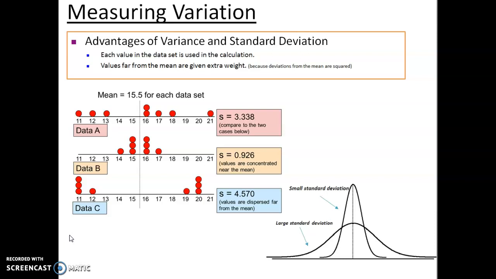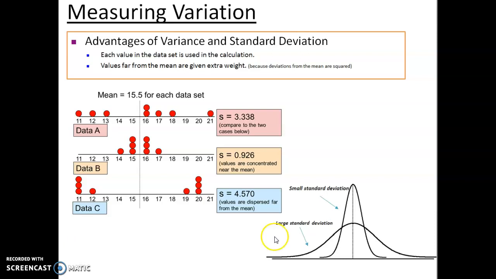Do you see what happened? We went from 1 to 2, but the square went from 1 to 4. So it has this amplification of values further and further away from the mean. We have outliers, values far away from the mean. They're going to be given much more weight than values that are not outliers, that are close to the mean.